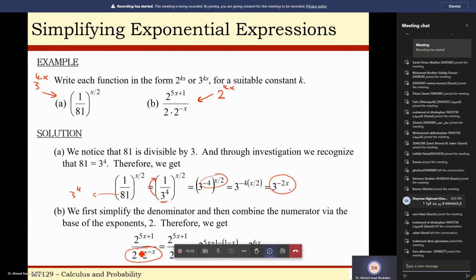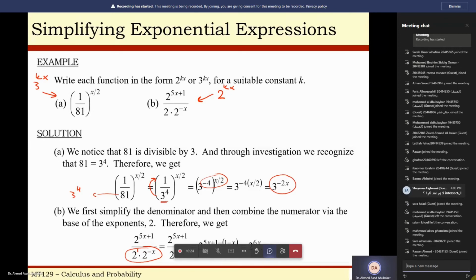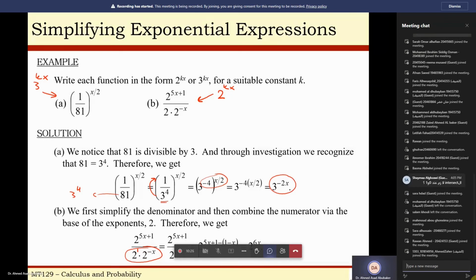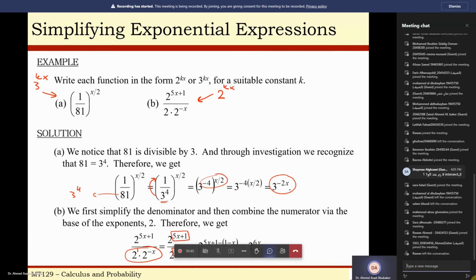Now the second one, we have the same base with multiplication. So this is 2 to the power 1 and 2 to the power negative x. We can add the two exponents. We have 1 minus x. This is the new power. So we have 5x plus 1 as the other exponent, with the same base. In the case of division, we must subtract the exponent in the denominator from the exponent in the numerator.